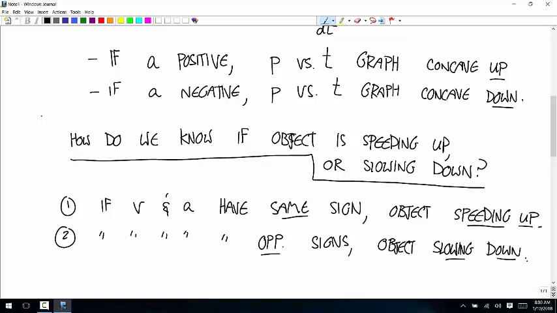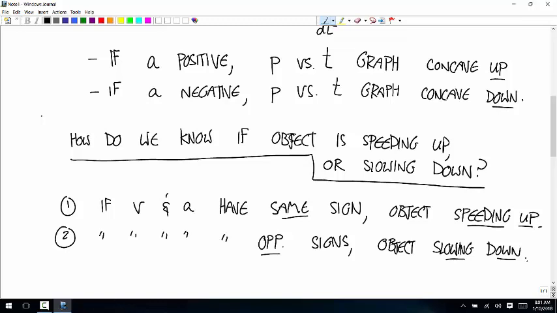So if an object's moving in the positive direction, its velocity is positive. If its acceleration is positive, then the object's speeding up in the positive direction. If the object's velocity is positive and its acceleration is negative, then it's moving in the positive direction and slowing down. If its velocity is negative and its acceleration is negative, then it's moving in the negative direction and speeding up, and so on.